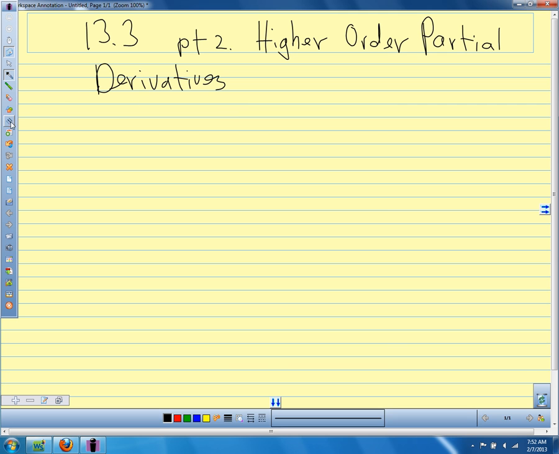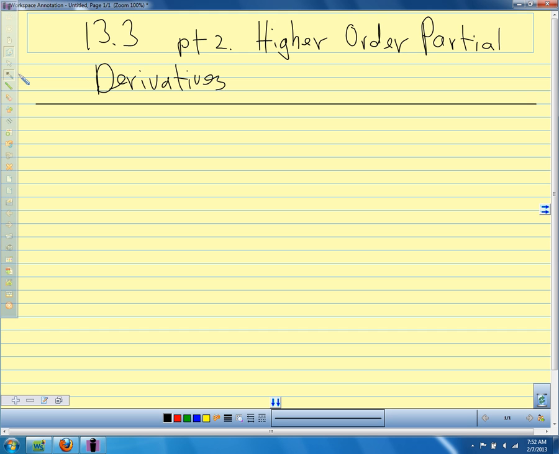So we're going to talk about higher order partial derivatives. We know how to take a partial derivative now. We take the derivative of our function with respect to one variable, while we hold the other variable constant. We apply the same idea to second order partials, third order partials, but we have some different possibilities because we can take a second partial with respect to x or a second partial with respect to y.